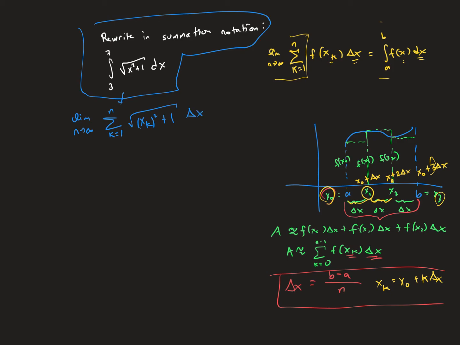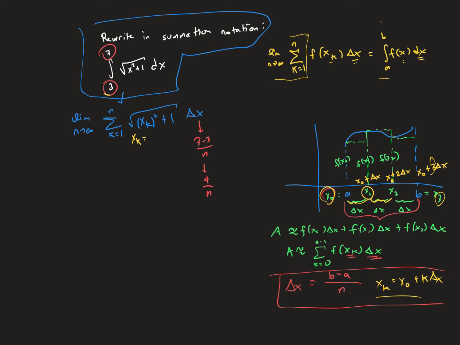Now, this again, we already did. Now, what we're going to do now is use the stuff that's in red and yellow to finish the process. So delta x is b minus a over n. b and a are 7 and 3. So delta x is 7 minus 3 over n. Now, x sub k is x naught plus k delta x.